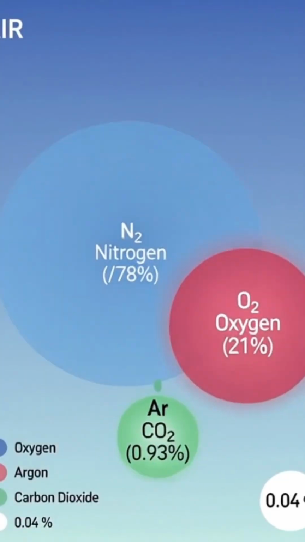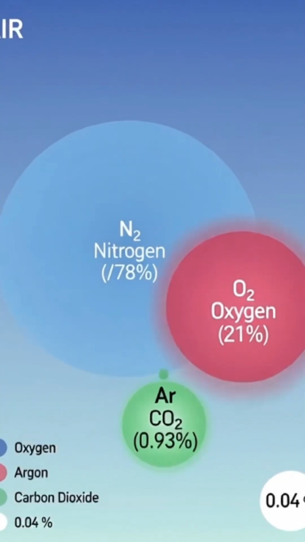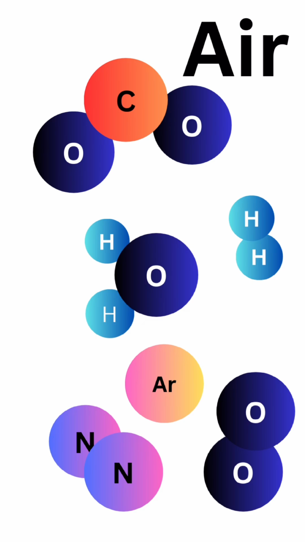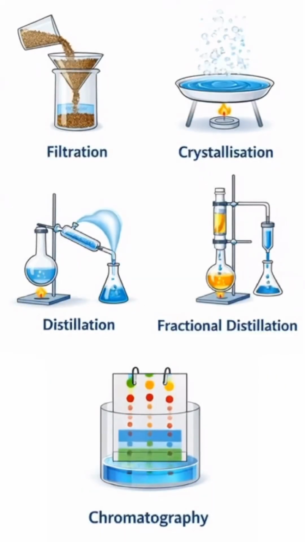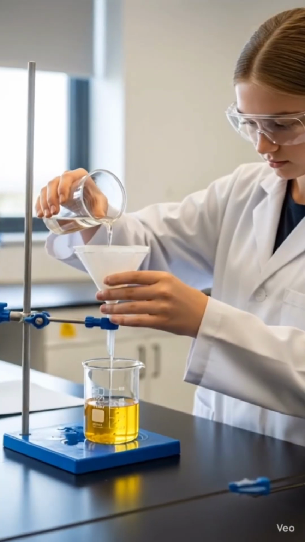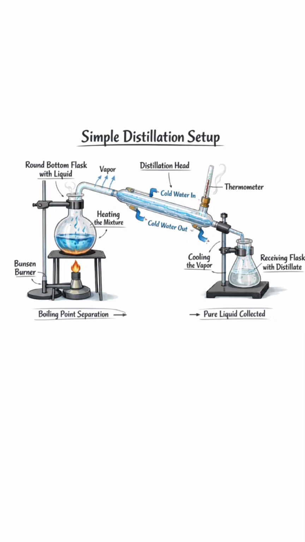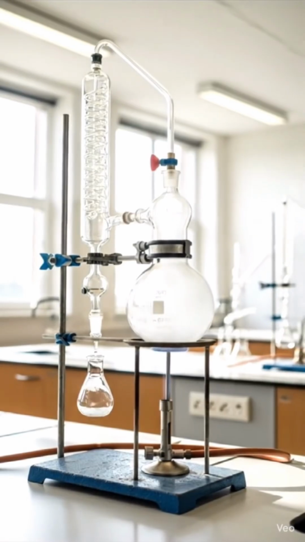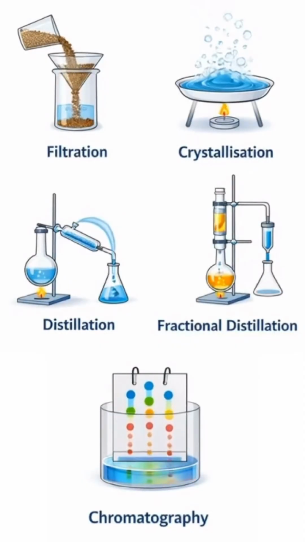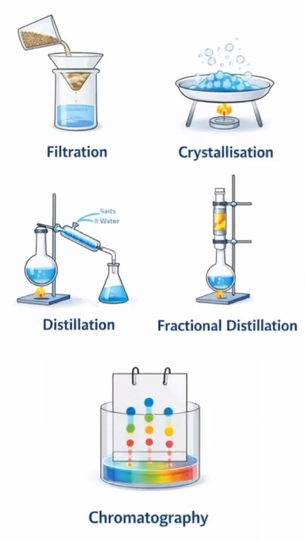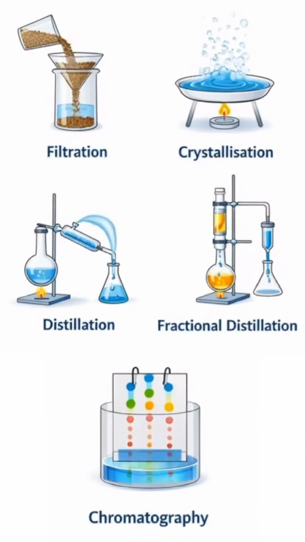For example, air is a mixture of different molecules, including nitrogen, oxygen, water, and carbon dioxide, where all substances remain unchanged. Mixtures can be separated using physical methods, such as filtration, crystallization, simple distillation, fractional distillation, and chromatography. These processes do not involve chemical reactions, and no new substances are formed.